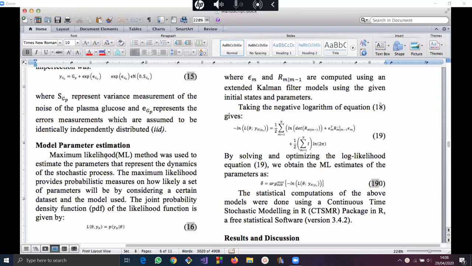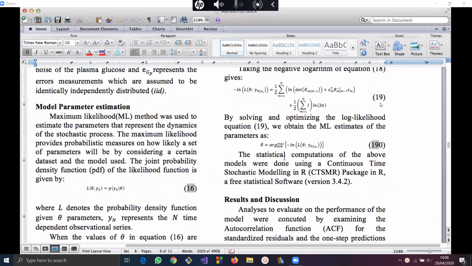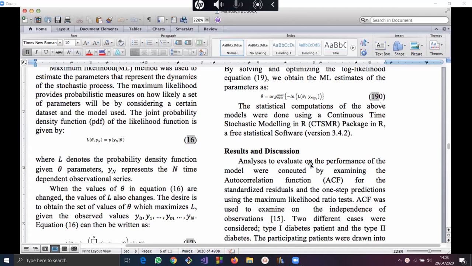testing and checking whether the model is okay, I use what we call the maximum likelihood estimation method. I'm not sure whether you did it in any of your probability and statistics courses. But then there is what we call the result. I remember I mentioned the other side that you need the result and discussion. And then I said the result must compare with existing standard.